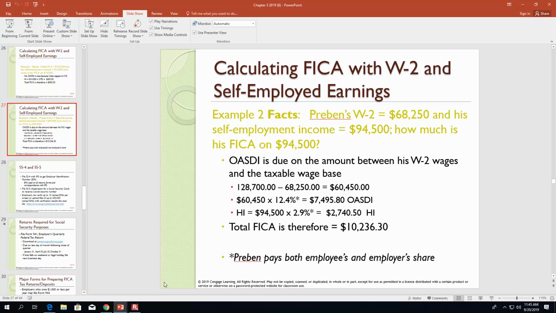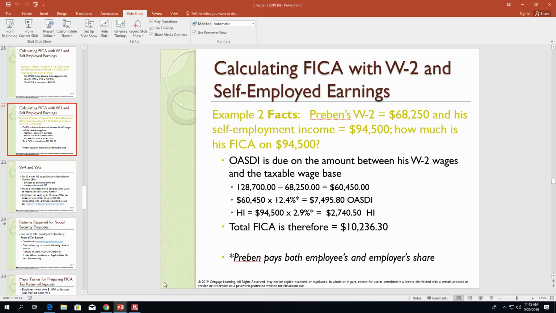So if he's already paid on 68,250, he only owes the OASDI portion on the difference between 68,250 and 128,730.